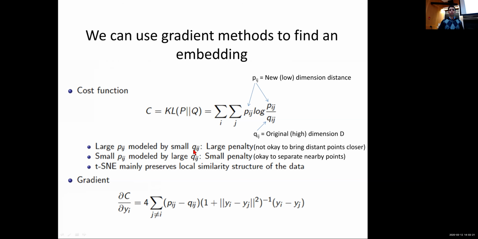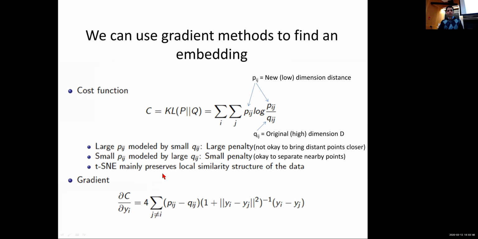So I really don't want to do that. It's not okay to bring distant points closer. But a small penalty if I have an original small distance and I now have spread them a little further apart. Okay, so it's okay to move points further from their not super close neighbors, but you have to preserve the super close neighbors. Okay.